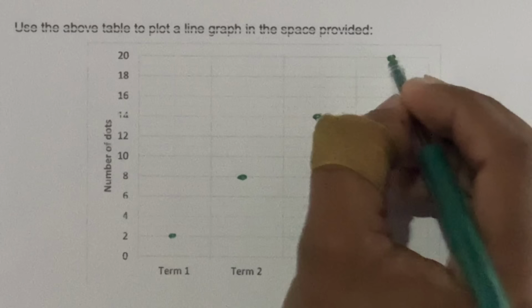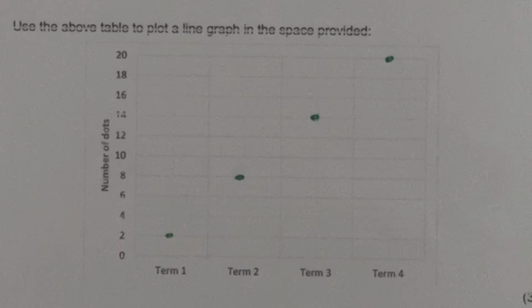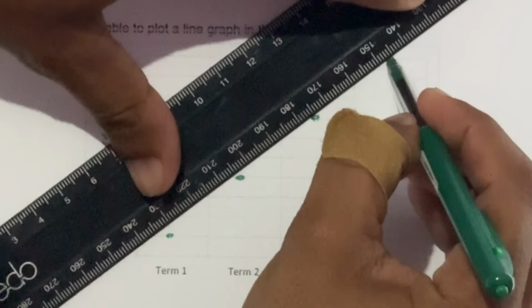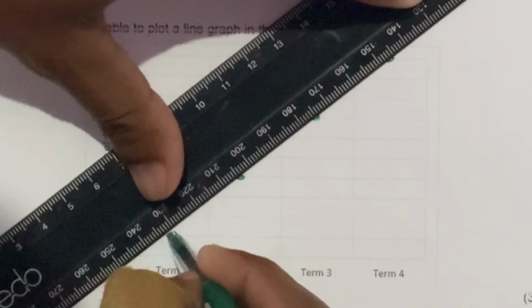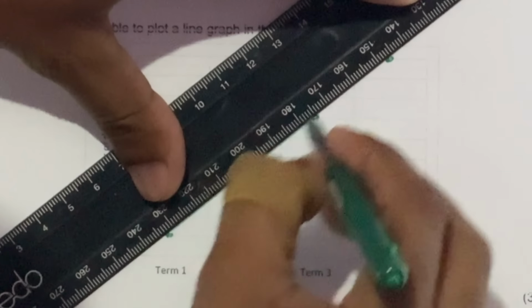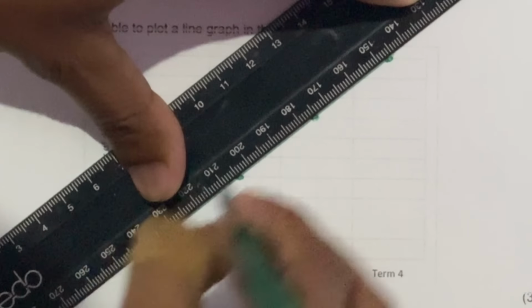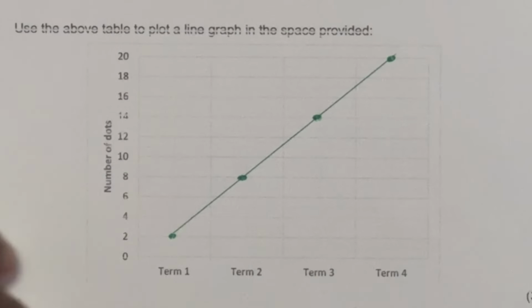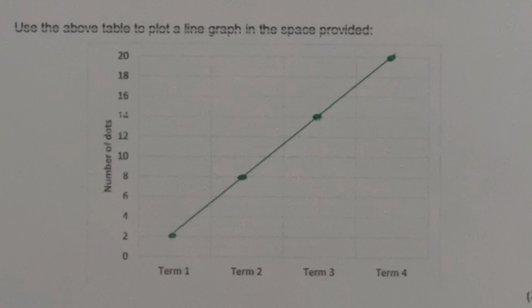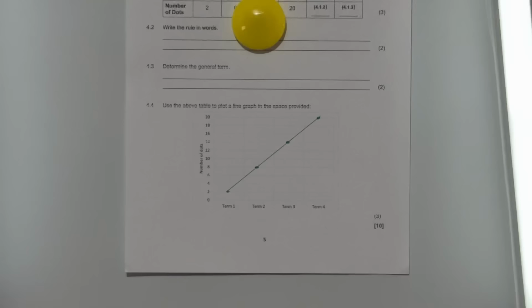I'm going to make my dot over there, and you need to make sure that you always end off your line graph by drawing the line, connecting all the dots. If it is a line graph, most likely you're only working with straight line graphs for now, and that would be that straight line over there, and you are done.